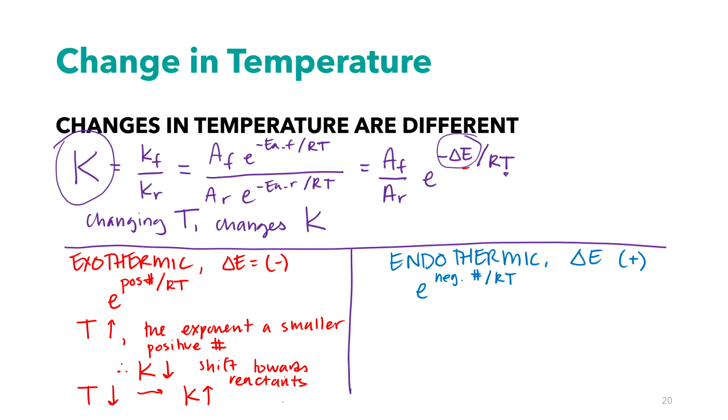So when I raise T, I'm going to have a smaller negative number, which means that I'm going to have a larger K.